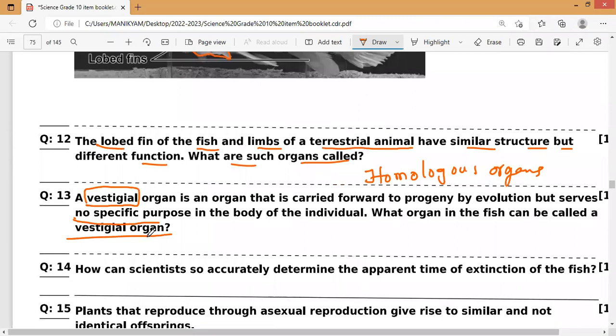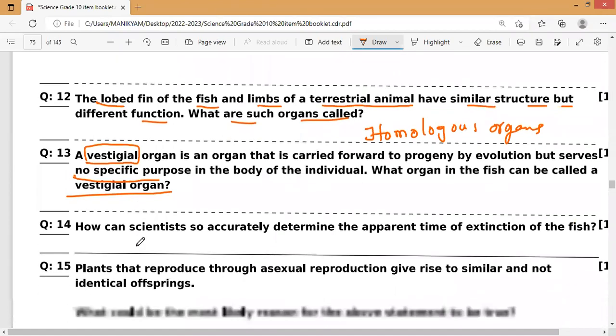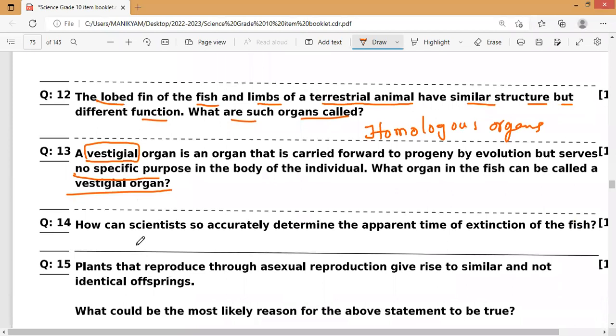Even for us, the appendix: maybe after a hundred generations from now, no appendix organ will be present, because we are not finding any use of it in our body. But before, we had some use; it helped in digestion. In olden days, the early humans ate raw flesh and unboiled food, which is very difficult to digest and a very lengthy process.